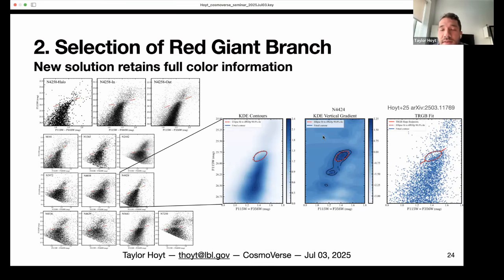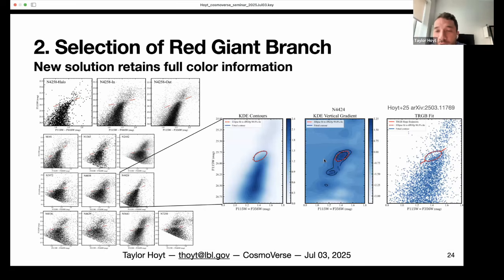And then in the second panel, I show the actual phenomenological measurement used to measure the tip, which is just the two-dimensional vertical gradient, downweighted by the horizontal gradient to reduce noise from the edges of the red giant branch below.